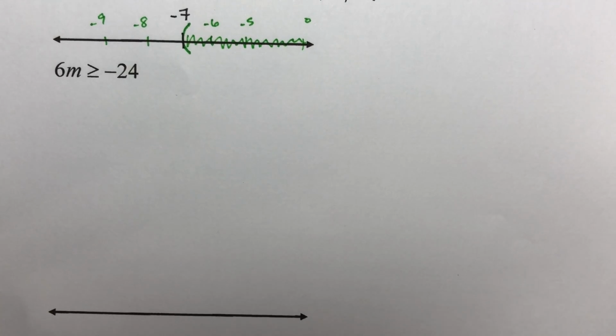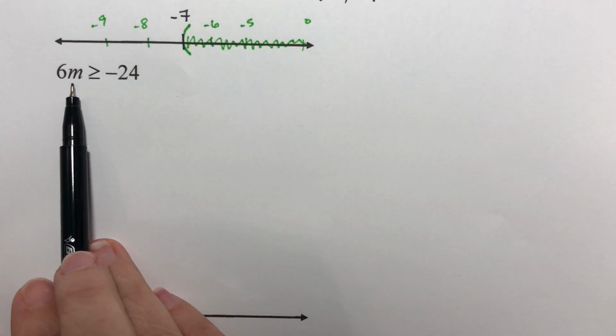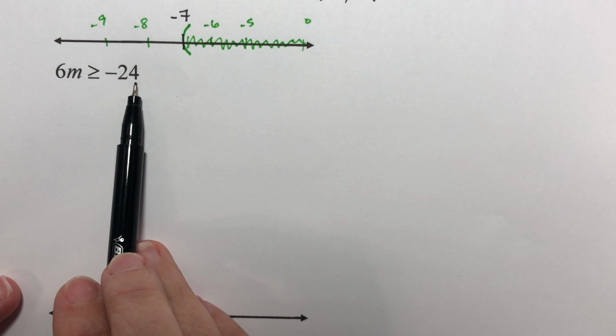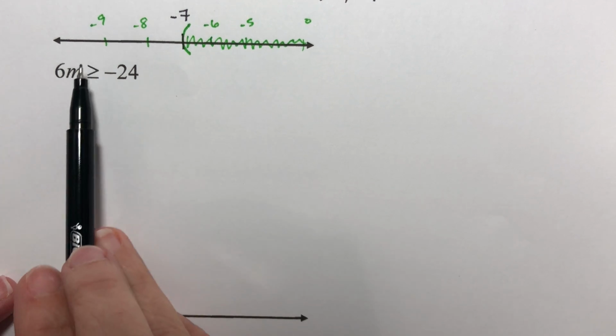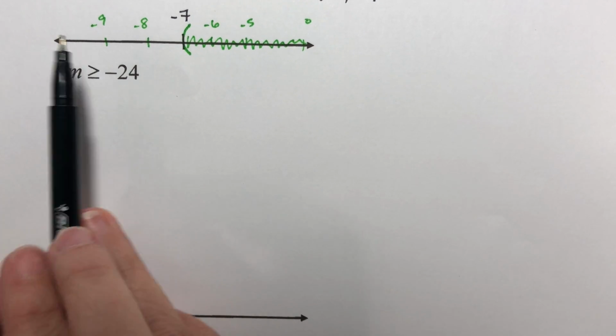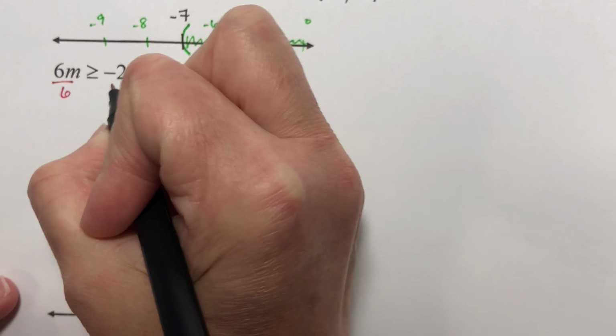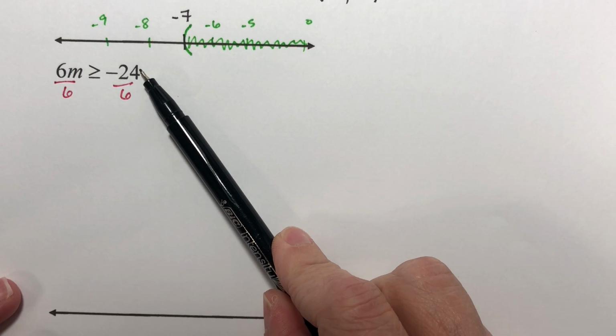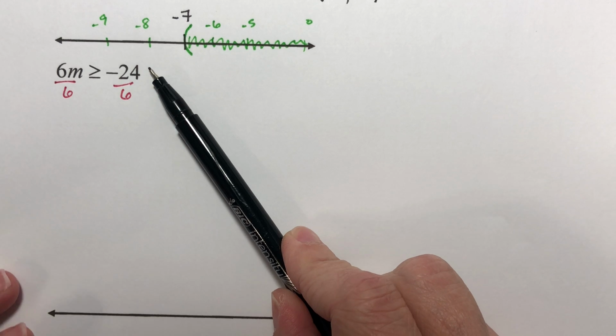Okay. 6m is greater than or equal to -24. Pretend it's an equal sign. I would need to divide both sides by 6 to get it solved. Now, do I have to flip the sign? There is a negative involved, but it's in the top.